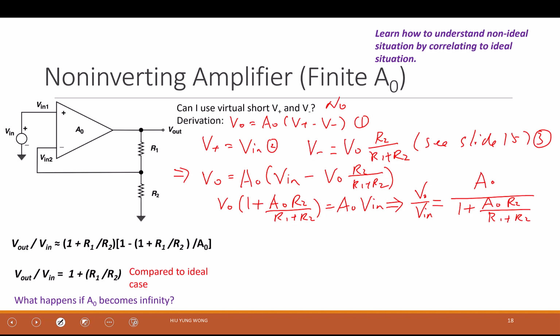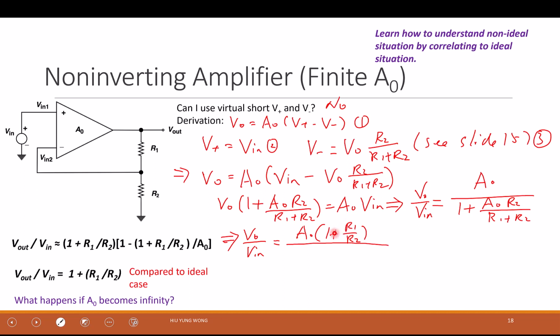So let's do the same thing. This is the answer already, but I'm going to rearrange it. My goal is to factor out this 1 plus R1 divided by R2. So what I can do is multiply the numerator and denominator by (R1 plus R2) divided by R2. So I get A0 times (1 plus R1 divided by R2) on top.